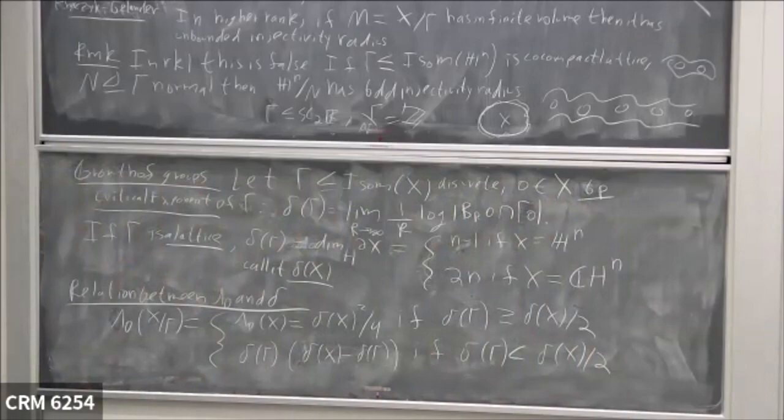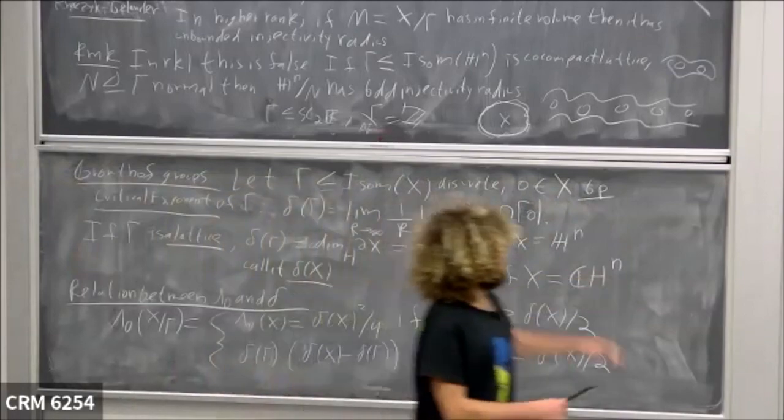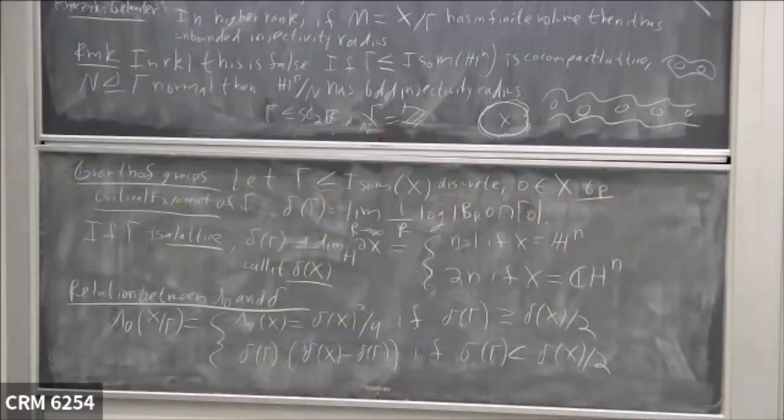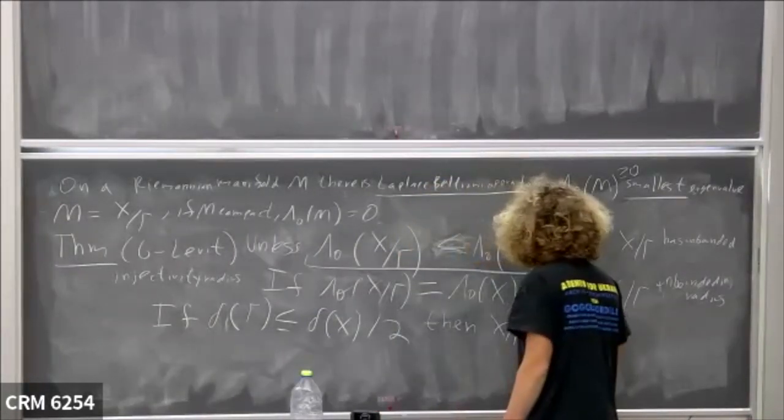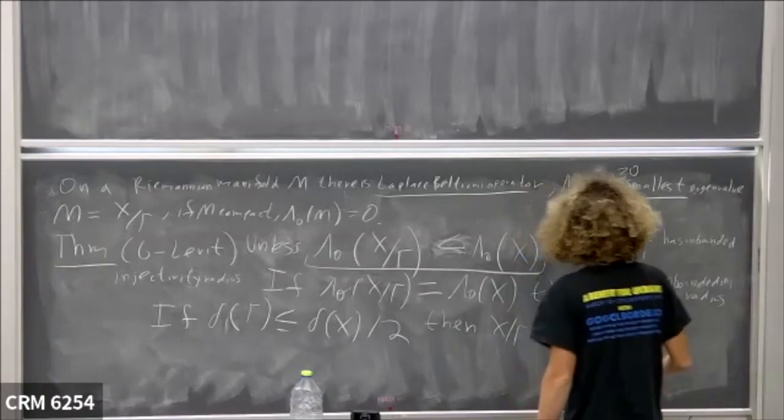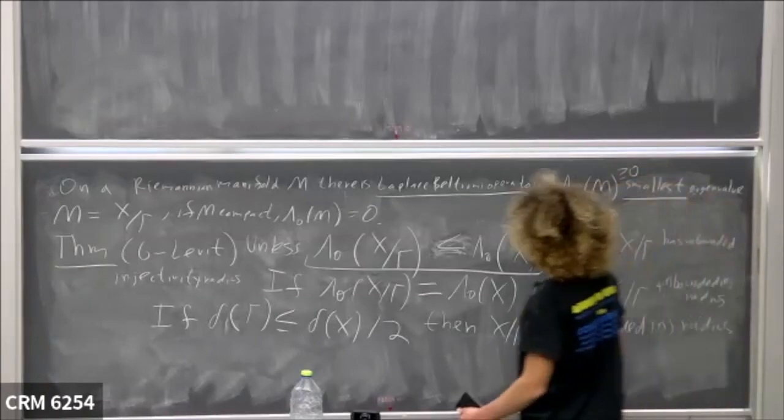What we actually want to prove in our theorem with Arie Levit is that if delta of gamma is less than or equal to delta of X divided by 2, then X mod gamma has unbounded injectivity radius.